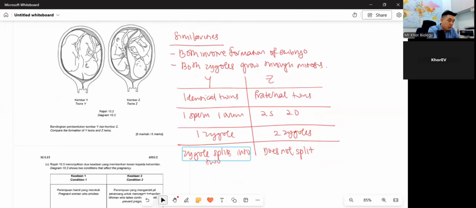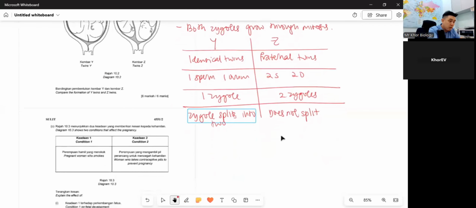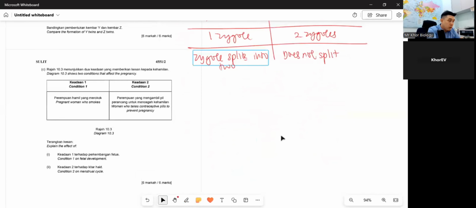Okay, next. Condition one, a pregnant woman who smokes, and number two, a woman who takes contraceptive pills. You have to explain the effect on the fetus and then on the menstrual cycle.